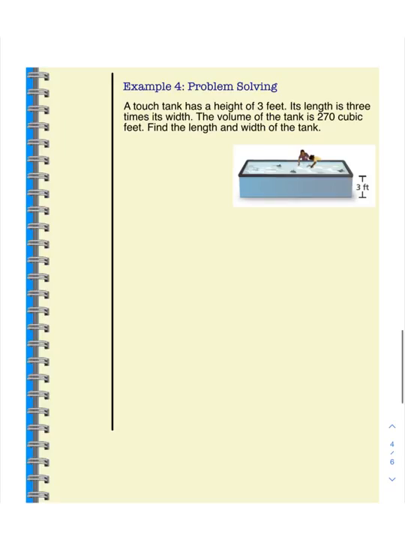Example 4, problem solving. A touch tank has a height of 3 feet. Its length is 3 times its width. So we're going to start by writing that down. Length equals 3 times width. The volume of the tank, so I know volume is length times width times height. Volume of the tank is also equal to 270 cubic feet.